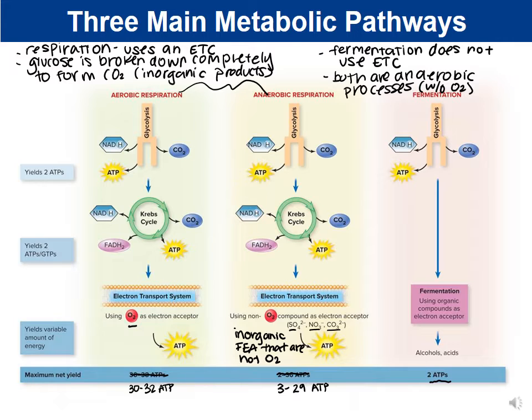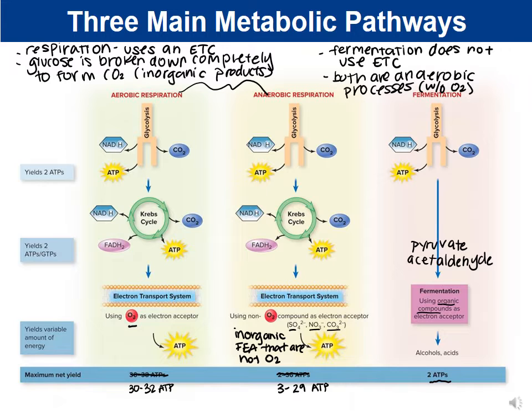So what I mean by that is that in this case, notice for fermentation, uses organic compounds as the electron acceptor. So instead of using an inorganic molecule, we're actually going to use an organic molecule. So our final electron acceptor is either pyruvate, if we're talking about lactic acid fermentation, or acetaldehyde, if we're talking about alcoholic fermentation.